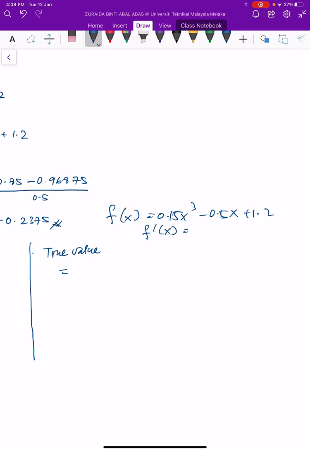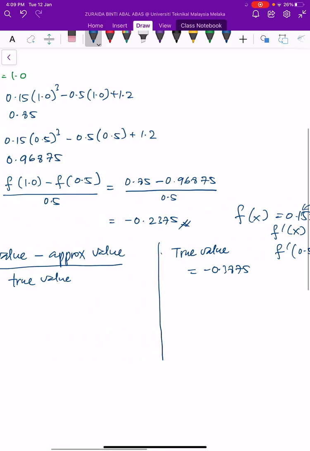So 3 times 0.15 gives you 0.45x to the power of 2 minus 0.5. Simply plug in 0.5 here, and you will get minus 0.3875. So your true value is minus 0.3875.